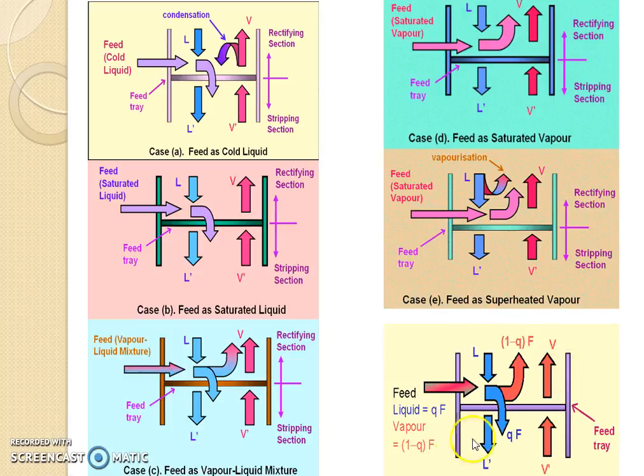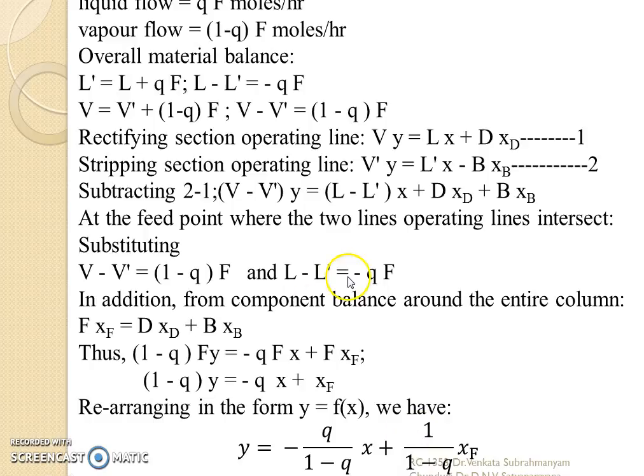We generally represent Q as the fraction of feed entering the stripping section for 1 mole of feed. Say, for example, the feed is F, then the liquid entering is Q times F. Similarly, the vapor is (1 - Q) times F. Writing the overall material balance and simplifying, we get Y = -Q/(1-Q) X + XF/(1-Q).